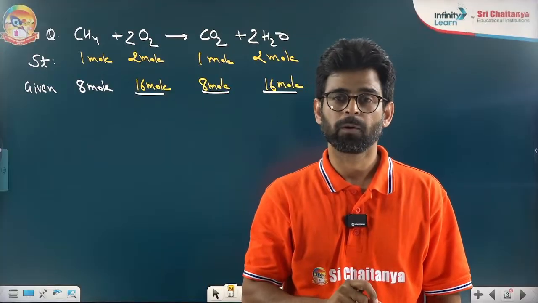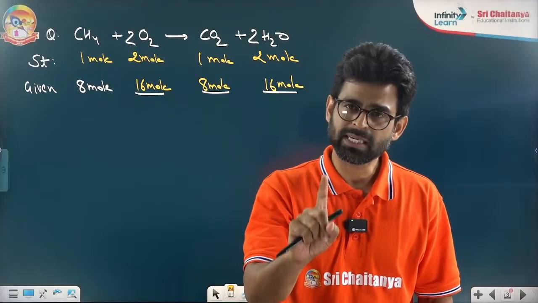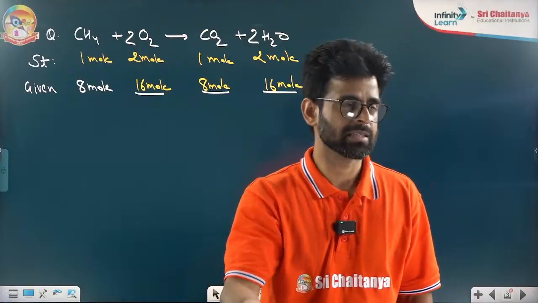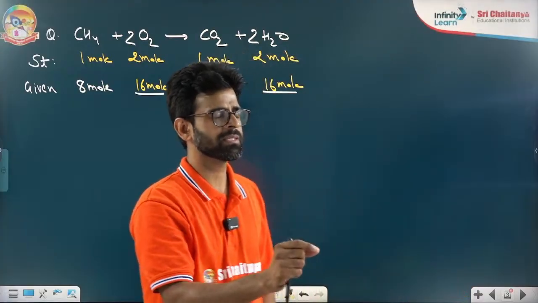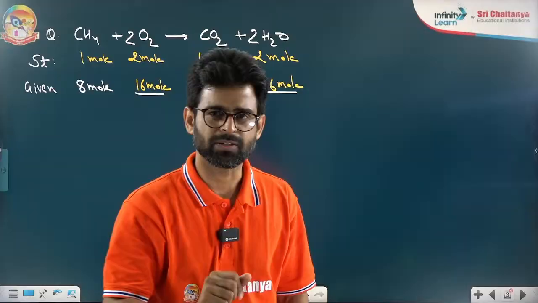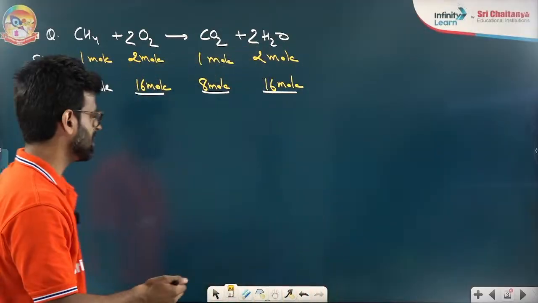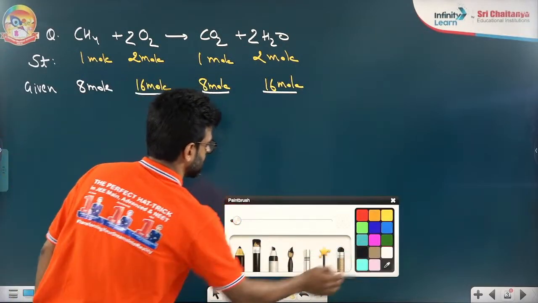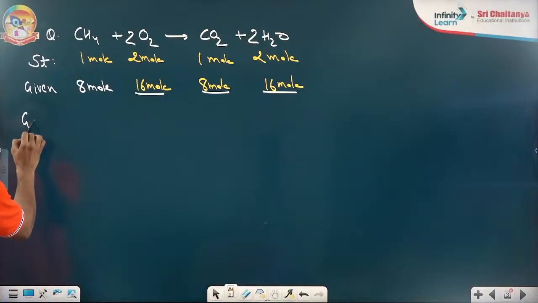Good. Okay? They are giving us one thing and they are asking the remaining things. So just using the stoichiometry, simple unitary method, you can answer. Okay? Next one I am asking. Imagine this is given.